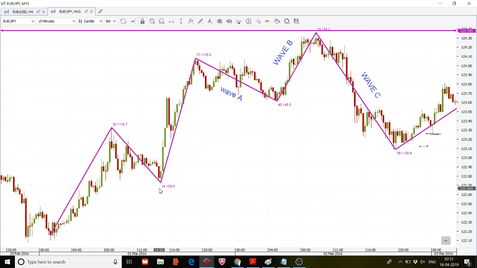So 122.668 levels are here, and here suppose we get a trade around these levels, 123.369. So it is almost a stop loss of 40 plus 40, 80 pips. This is the Euro JPY.